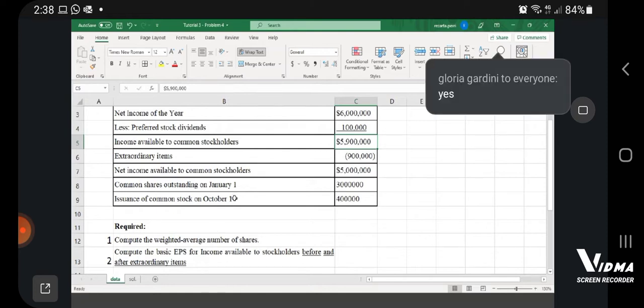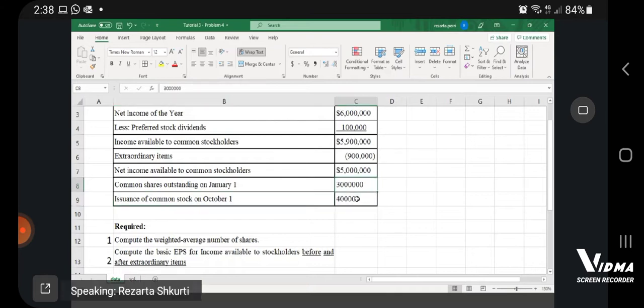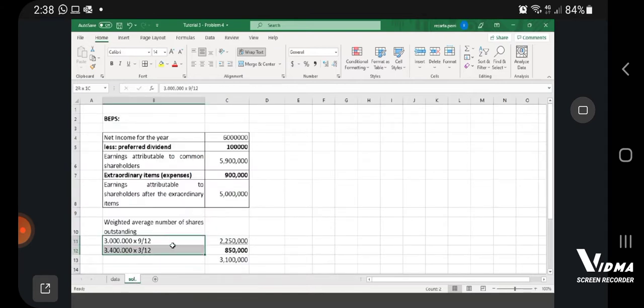The common stock was issued on the 1st of October. That means that these 400,000 new shares are outstanding for only 3 months, October, November, and December, whereas the 3 million are outstanding for 9 months. So the calculations should be changed over here. I reflected that and made sure it was okay.